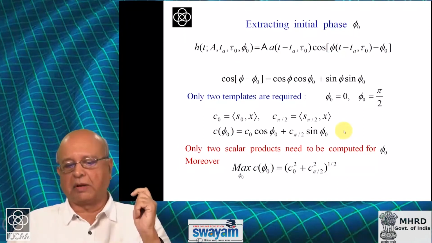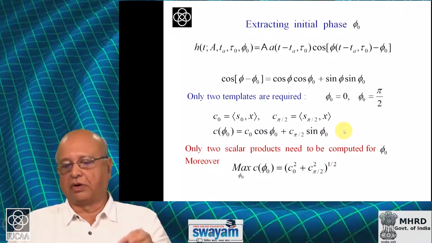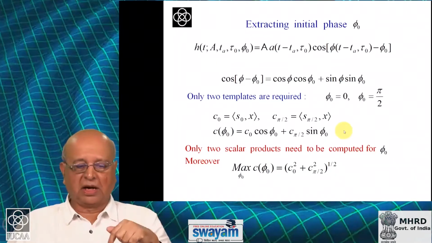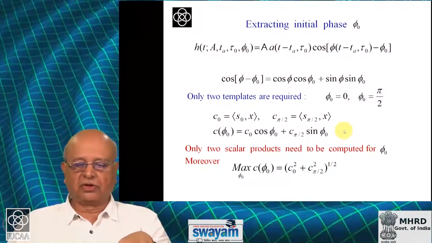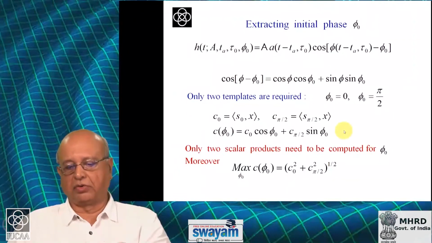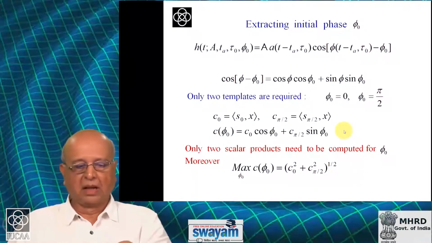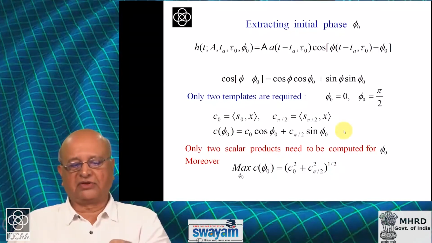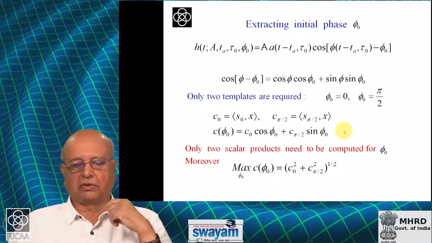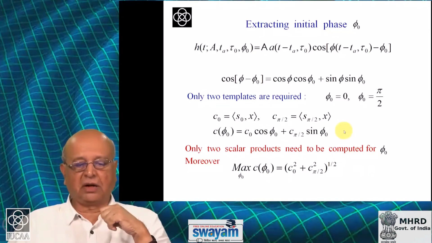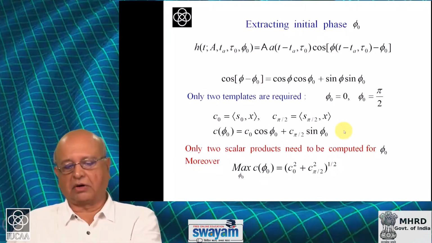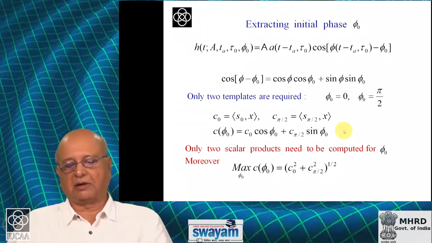And now if we use templates for phi naught equal to 0 and phi naught equal to pi by 2, and just calculate 2 correlations, you make 2 templates which are normalized and take the correlation with the data, and those are denoted by C naught and C pi by 2 as over here. Then C at phi naught is simply given by C naught cos phi naught plus C pi by 2 sin phi naught, just because of this identity up there.